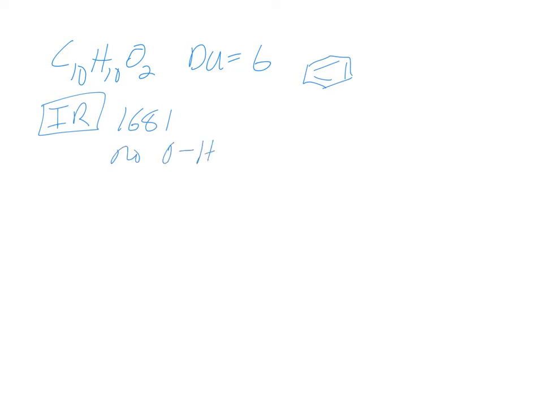Okay. So if 1681, what could that be? What range is that in? It's too high, so it's some sort of carbonyl for sure. It could be a C-O bond, a C double bond. So it's definitely C double bond O. And do we know what type?